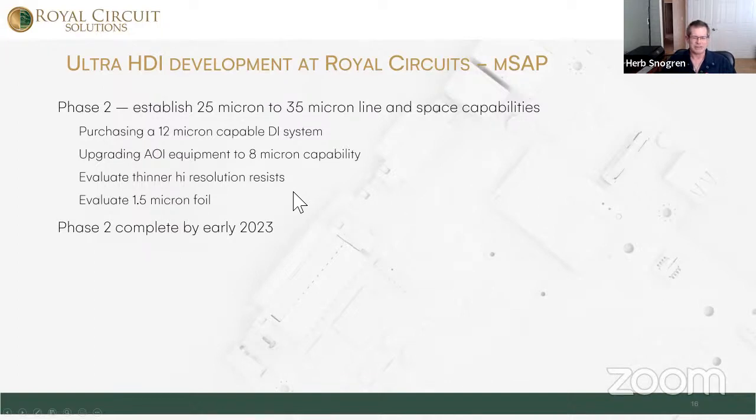Our direct imaging equipment can do it now. We can easily upgrade our AOI equipment in the plant without buying new equipment. So I would guess by sometime in late fall or winter, we should be able to start doing some 25 to 35 micron line and space work in production.